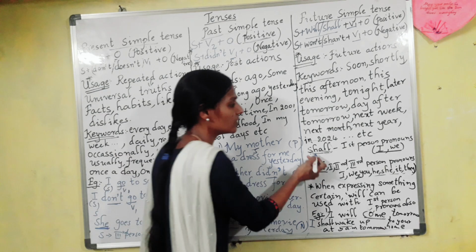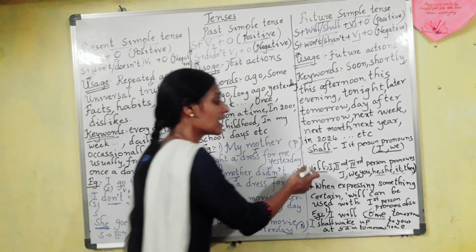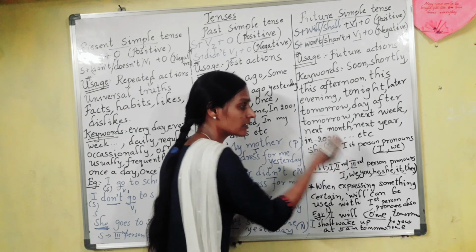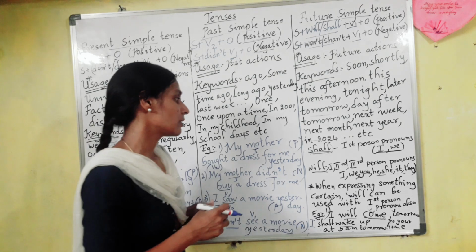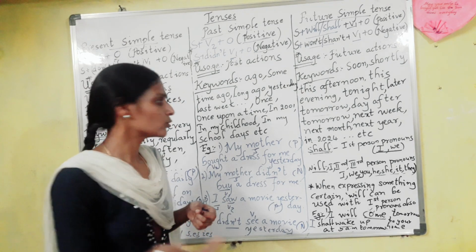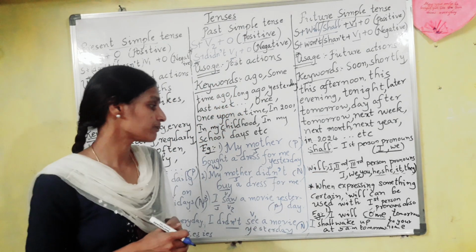But generally, shall is used for the pronouns I or we, and will can be used for every pronoun, first person, second person and third person. From an examination point of view, mostly the questions will be given with will.